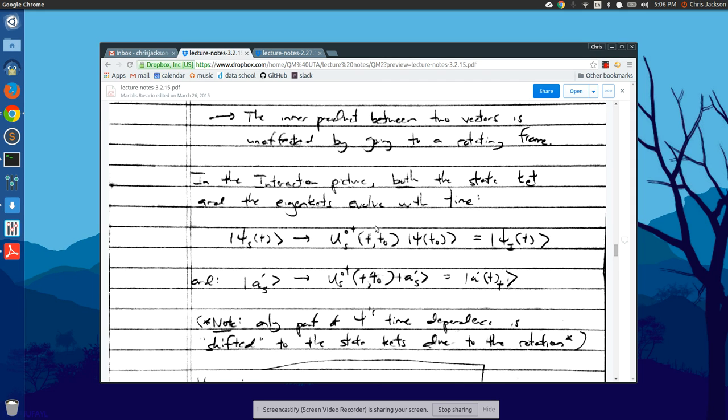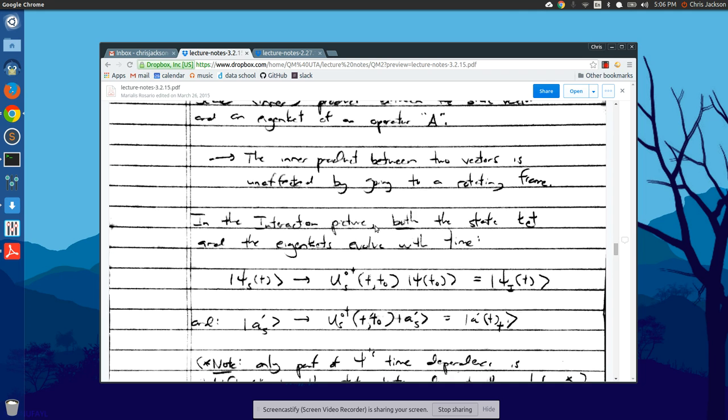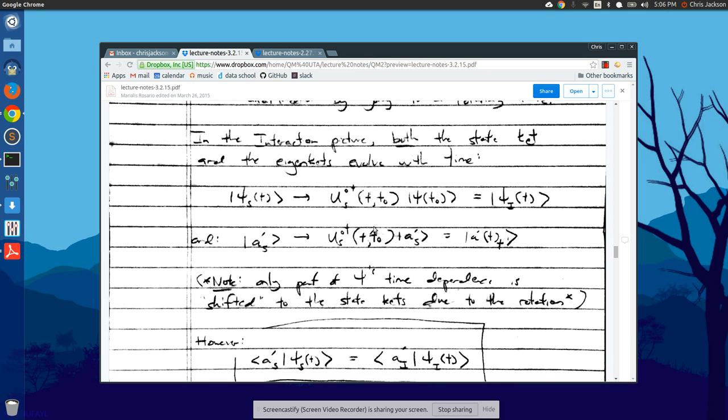Okay, so we know that in the Schrodinger picture, the state kets evolve with time, but operators are constant, right? And in the Heisenberg picture, state kets are constant in time, and operators evolve with time, right? The interaction picture is kind of a mix of the two.